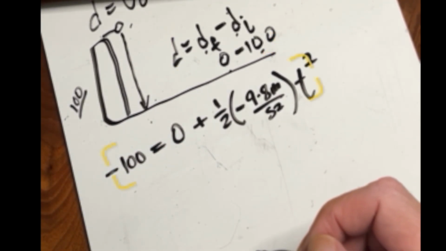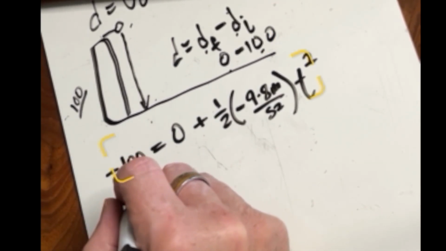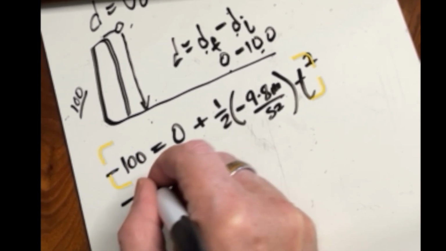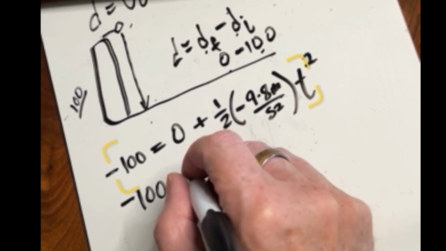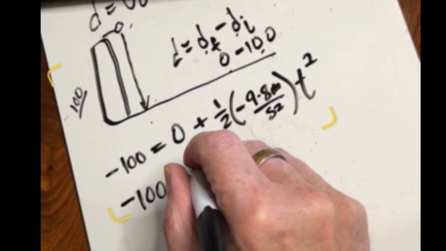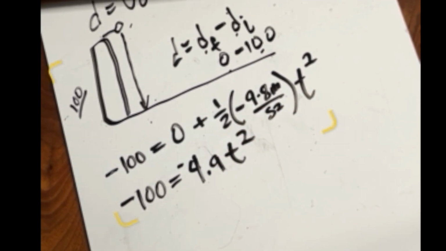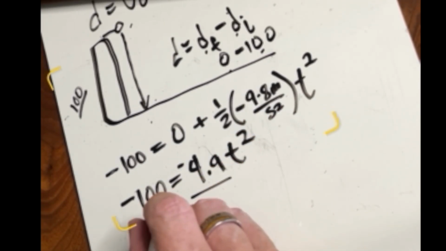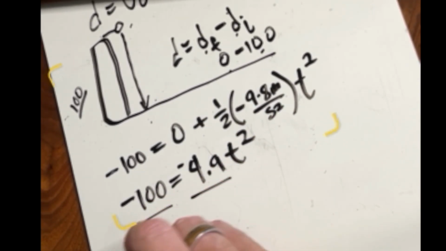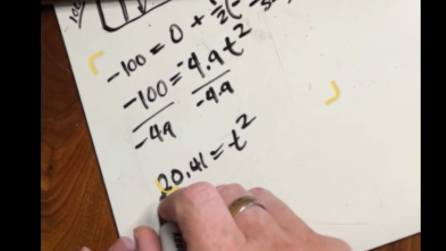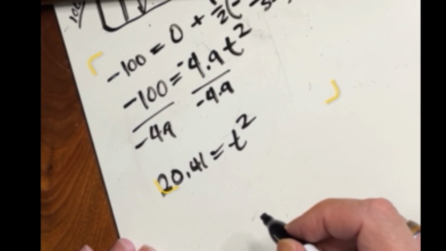So that will also be a negative. So we're going to go ahead and continue to solve for t squared, or actually t. So we're going to have 4.9 t squared. Dividing both sides by 4.9, what we end up with is that 20.41 equals t squared.